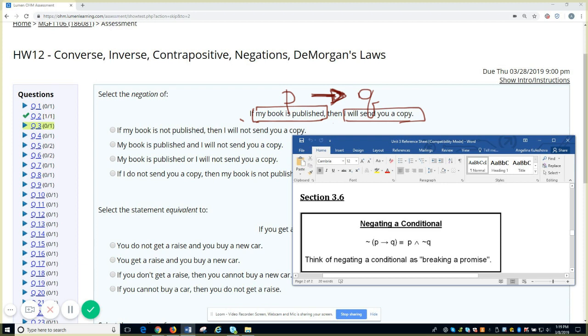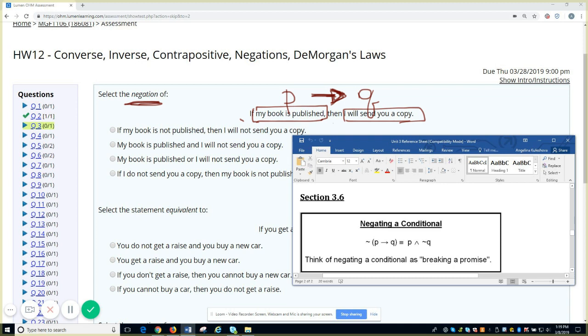And so the rule for negating such a conditional statement is outlined right here. In order to negate a conditional, you have to no longer make it a conditional statement. You just restate the conditional part and negate the outcome part. So let's formulate that in this example.